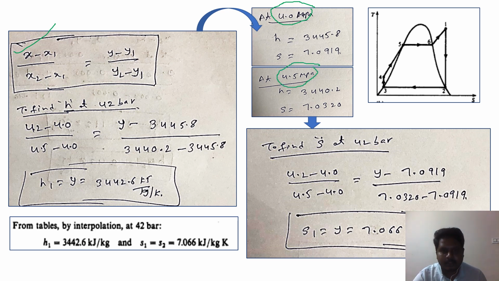If we substitute these values in this equation, we can find the enthalpy at 4.2 megapascal. Here x1 is 4.0 megapascal, x2 is 4.5 megapascal and x is 4.2 megapascal.